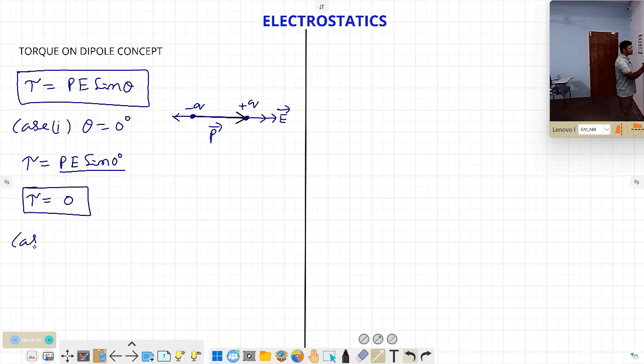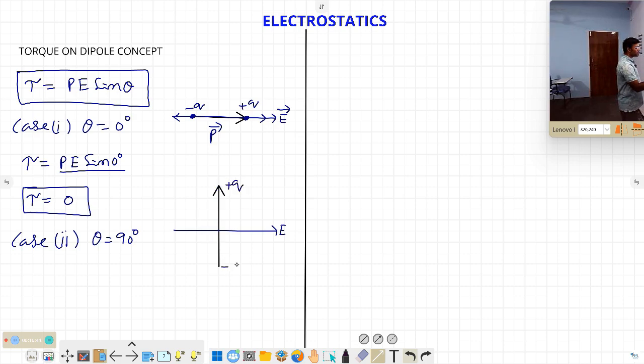This is one of the formulas we can write. Next, go to case 2. If theta is equal to 90 degrees, this is the direction of the electric field. Now if you are keeping the dipole as you are looking like this, this is the positive charge, this is the negative charge.